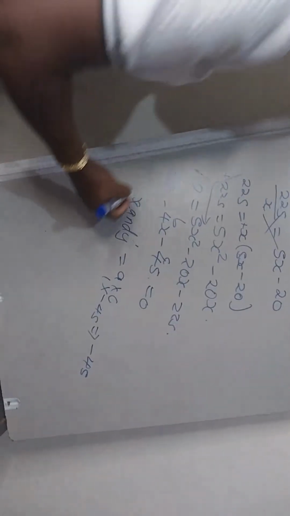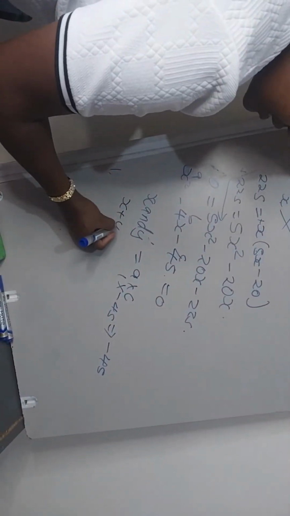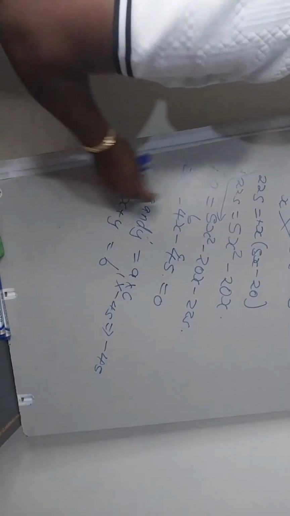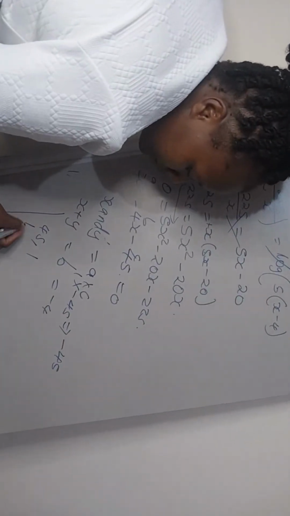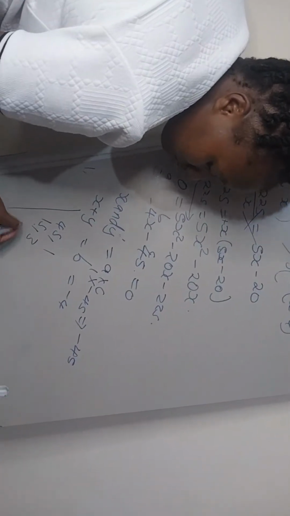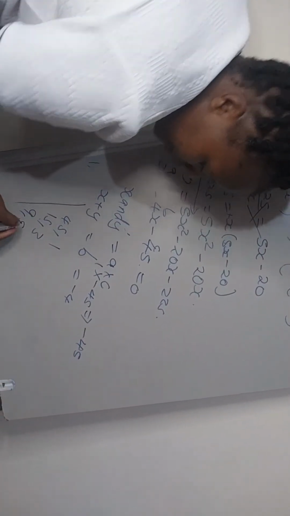Good. But again, when I add these two numbers, I get part B. And our part B is negative 4. I need two numbers that when I multiply give negative 45, but when I add them give negative 4. We can simply go to the multiples of 45. We'll have 45 and 1, 15 and 3, 9 and 5.